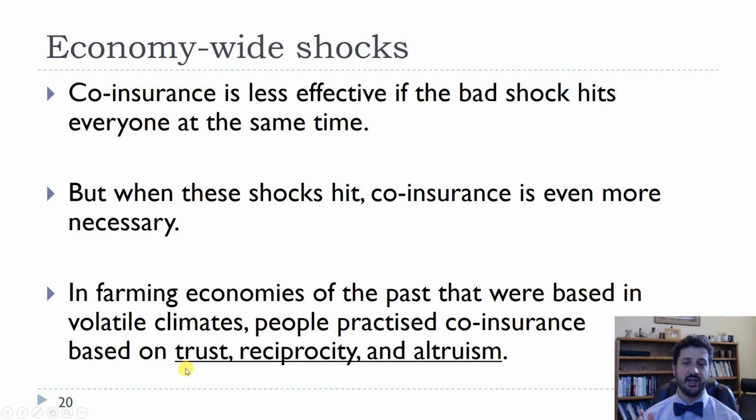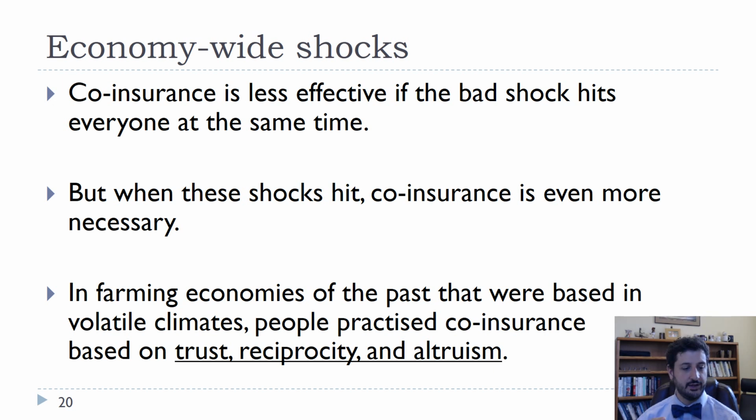Economy-wide shocks can be very difficult to deal with because they can be affecting lots of people at the same time. And if lots of people are hurt at the same time, they're not going to be able to help each other. And so this is a problem because this is when coinsurance is even more necessary, but makes it more difficult.